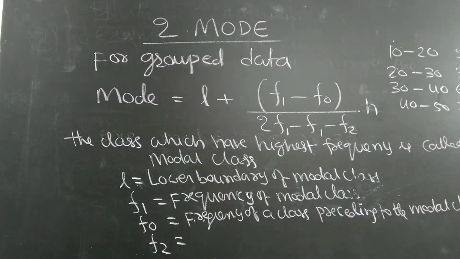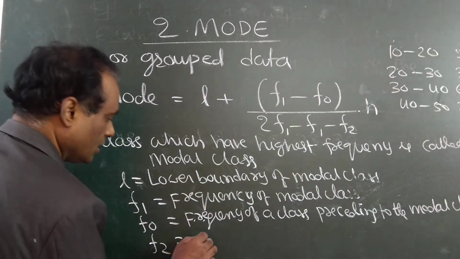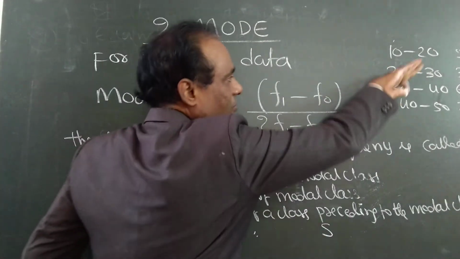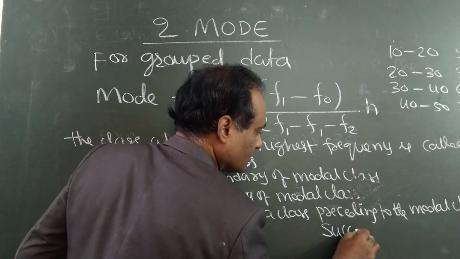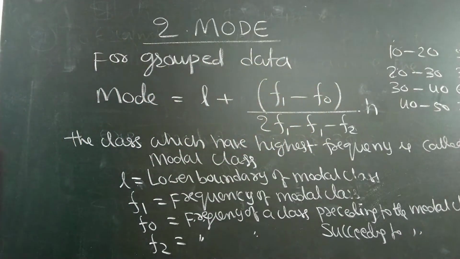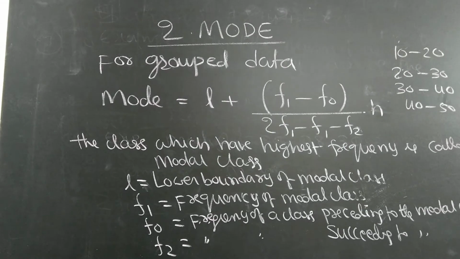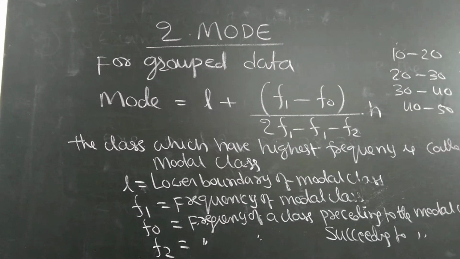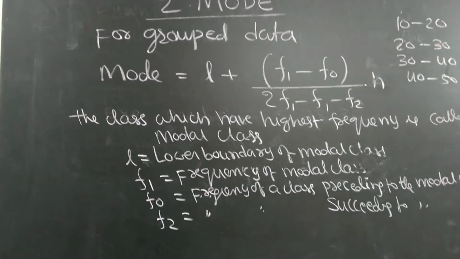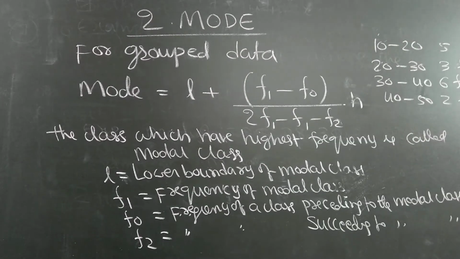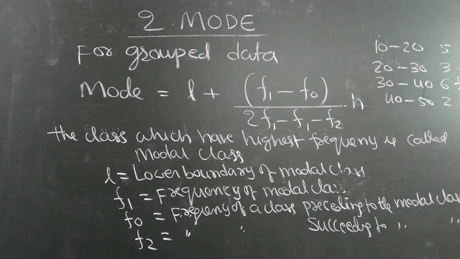F2 is the frequency of the class succeeding the modal class. Succeeding means after.